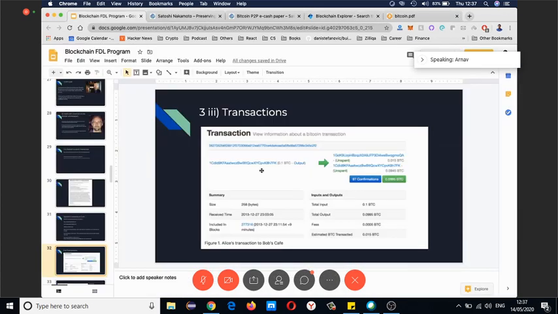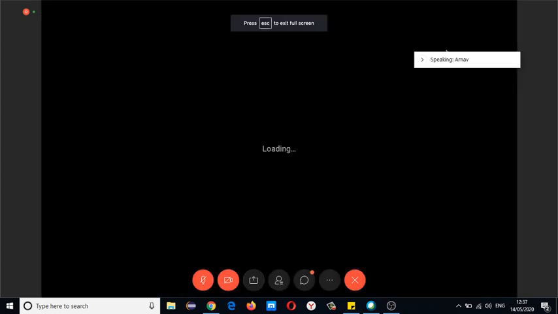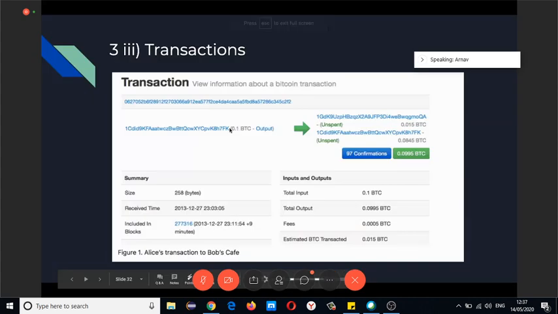So in this example, let me go on presentation mode. We have a transaction output worth 0.1 BTC, and I want to send someone 0.015 BTC.